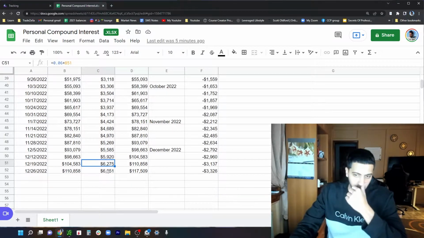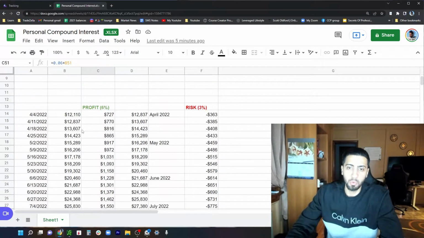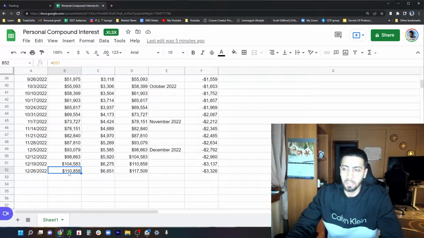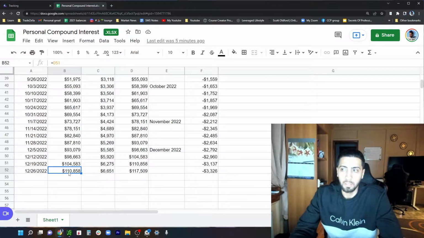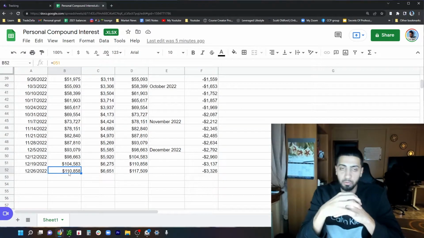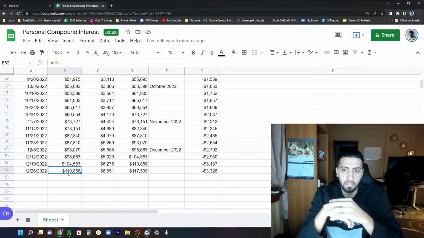So the difference is very small, but compounded, a 12K account ends up being a 100K account if on average you make 6% a week. Now this doesn't mean that you get a 6% gain for the week and then you just stop trading. That's not what this template is for.